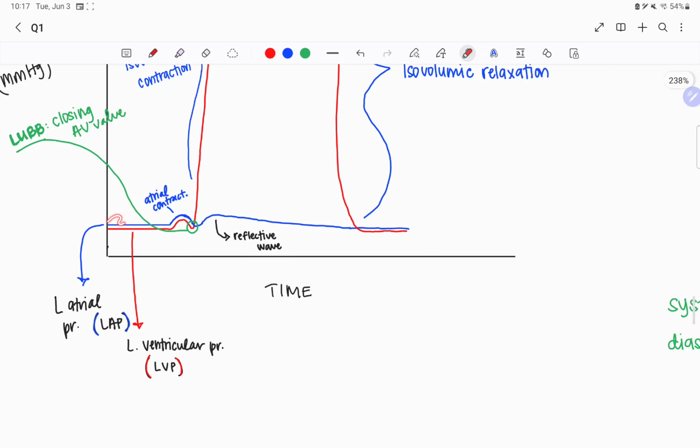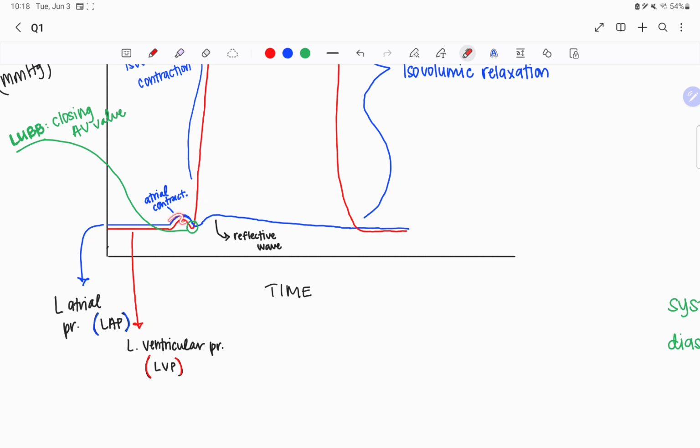So at this point, the atrium has a higher pressure than the ventricle, and so blood is just passively filling into the ventricle because the bicuspid valve, mitral valve, whatever you want to call it, is open, and so blood is just filling up in the ventricle.